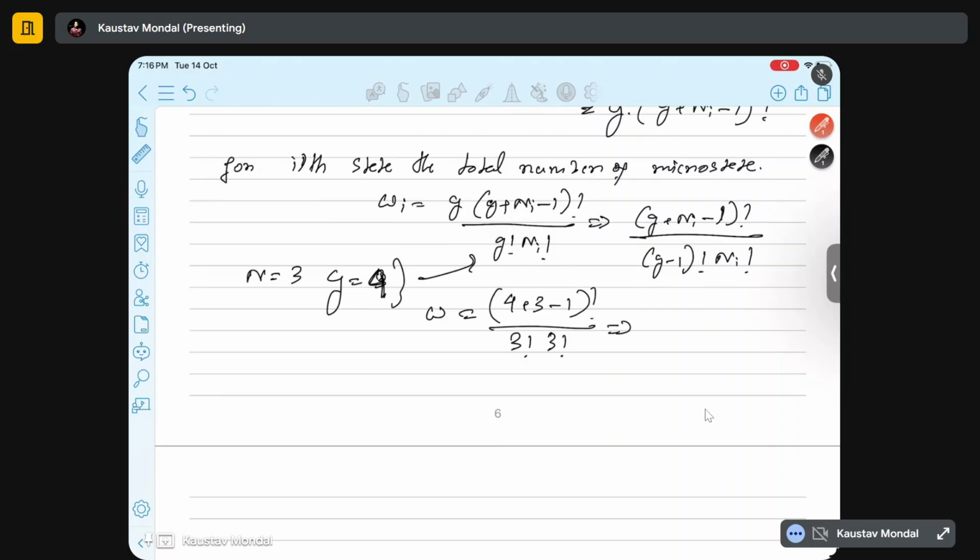Sorry, this gives you 6 into 5 into 4 into 3 factorial by 3 factorial by 2 factorial, which is 5 into 4, equal to 20.